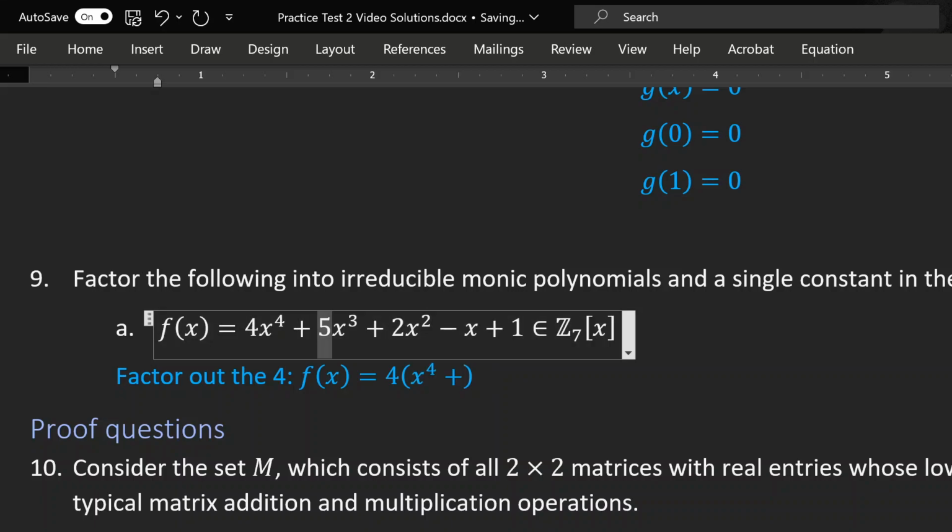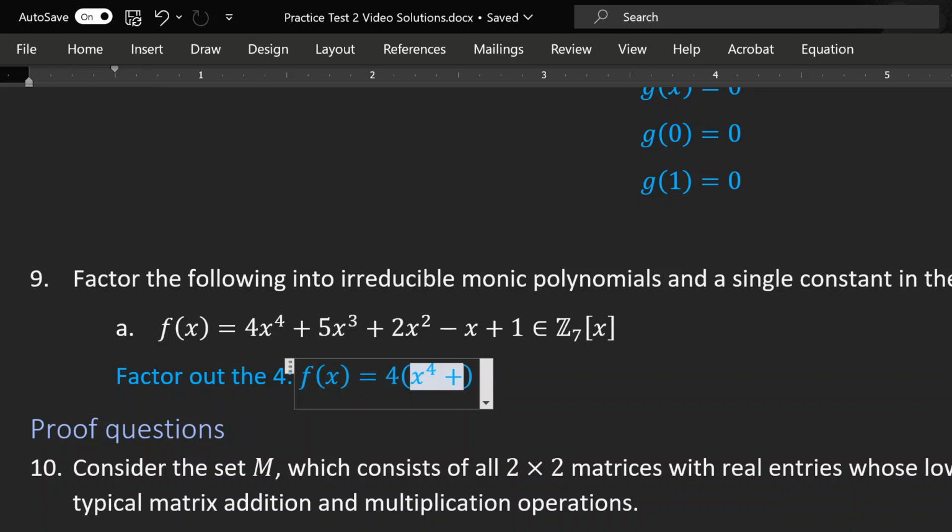What I have to ask myself is, is there something that is congruent to 5 that I can pull a 4 out of? Things that are congruent to 5 mod 7 are like 5 minus 7, which is negative 2, or 5 plus 7, which is 12. That I can pull a 4 out of, right? And it will become 3.